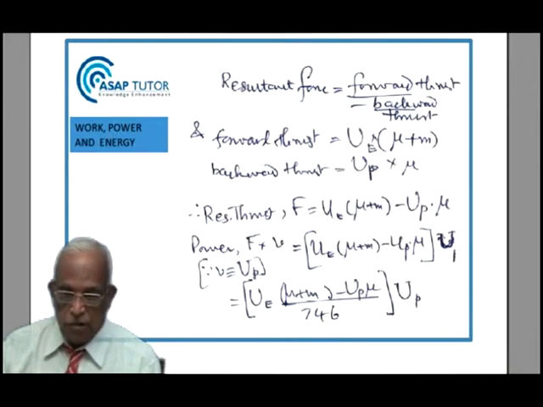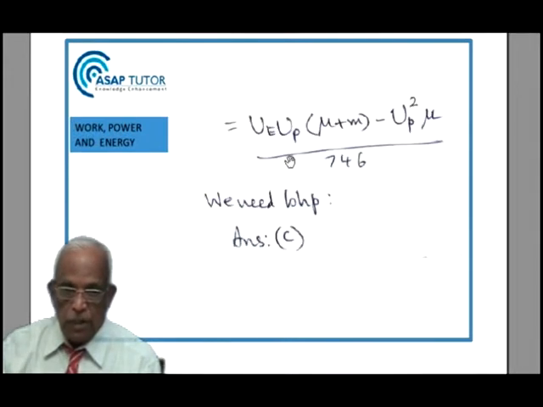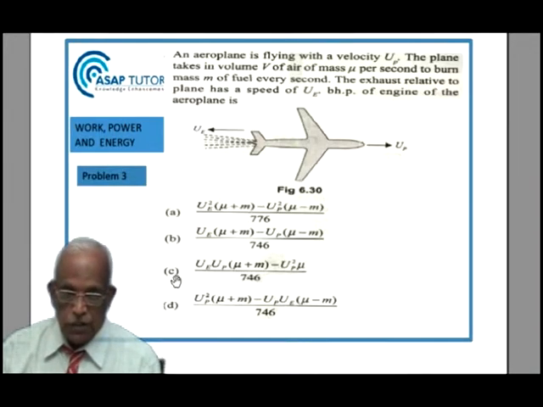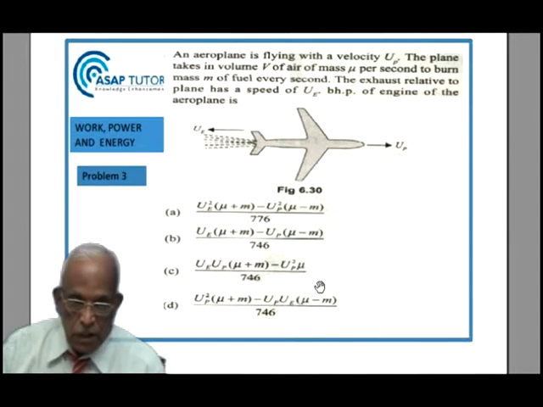That is ue up mu plus m minus up square mu, divided by 746. We need the bhp of this value, and looking at the answers, ue up mu plus m minus up square mu divided by 746 is the appropriate answer to be considered here.